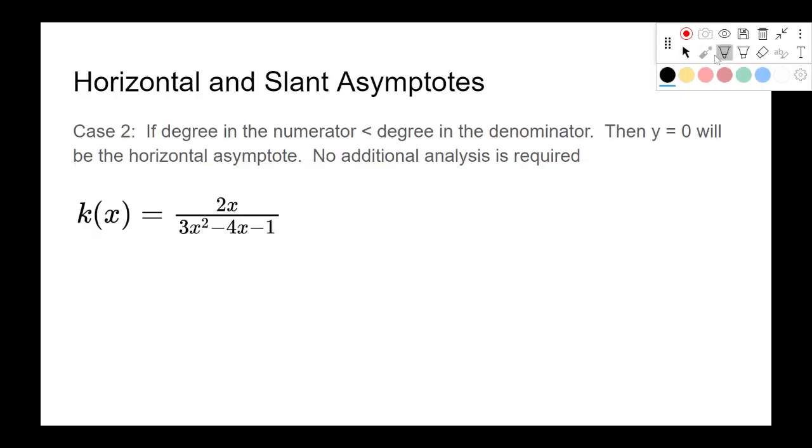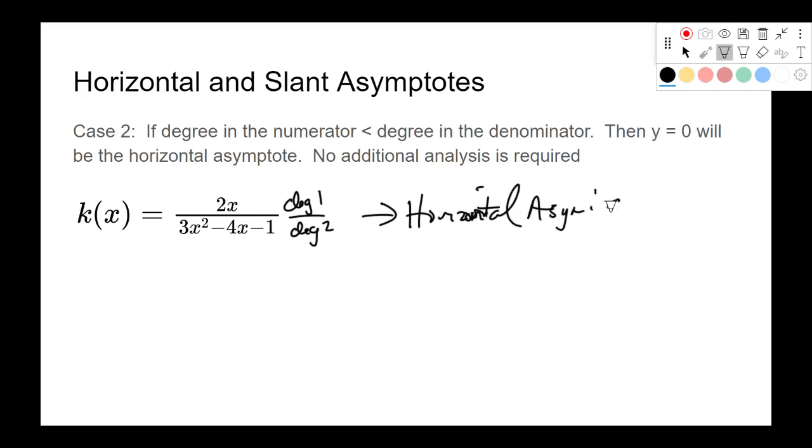The next thing that could happen is the degree in the numerator could be smaller than the degree in the denominator. For example, in this polynomial, I have degree 1 up on the top. On the bottom, it's degree 2. So if the degree in the denominator is larger than the one on the top, then it's automatically a horizontal asymptote at y equals 0.